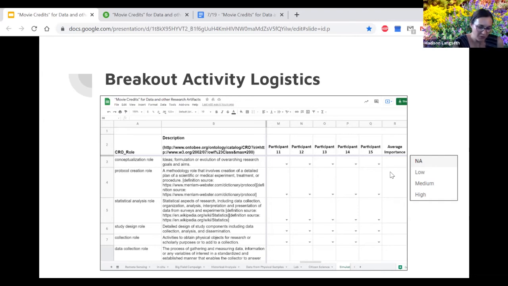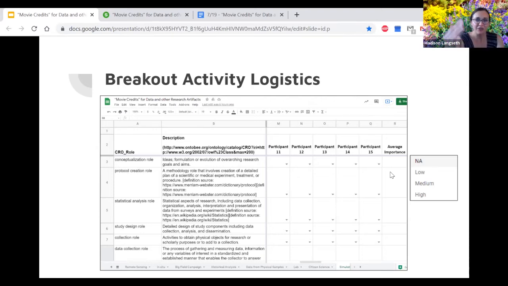Remember, one of our hypotheses was that the roles that are important towards authorship may differ based on these different data types. We want to see if, based on this community's experiences, that's true or not.